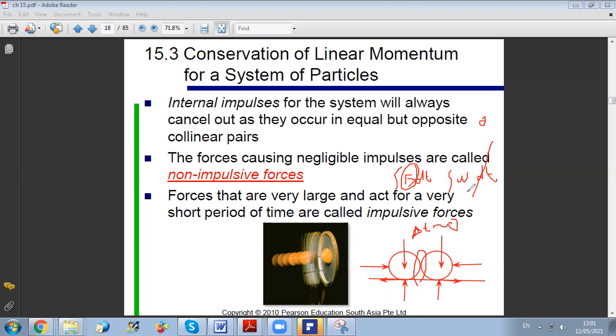Now, I told you that sometimes there are forces due to the impulse that are not negligible. What does that mean?